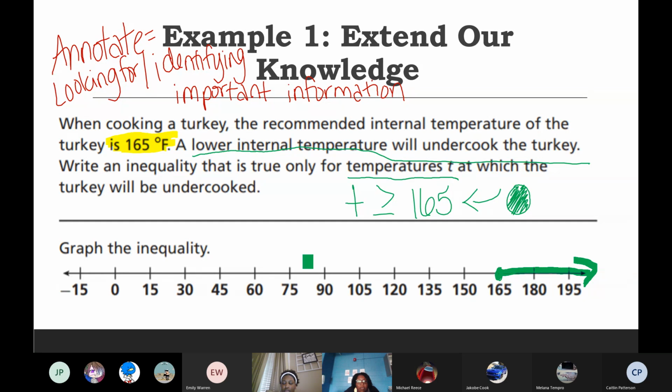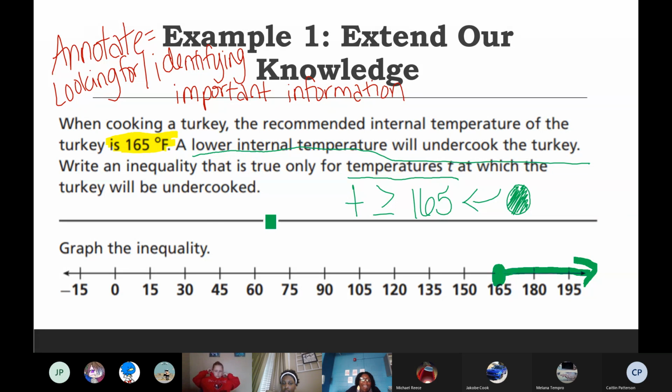Could my turkey be 90 degrees on the inside? No. That's less than. Okay? So T has to be greater than or equal to 165. The big thing to take away from this is that we shaded that in with a dark bubble.